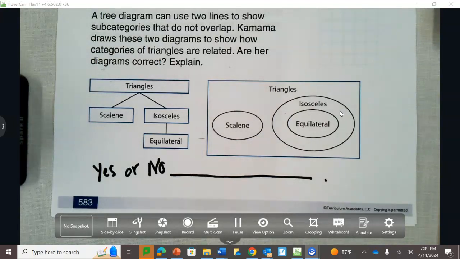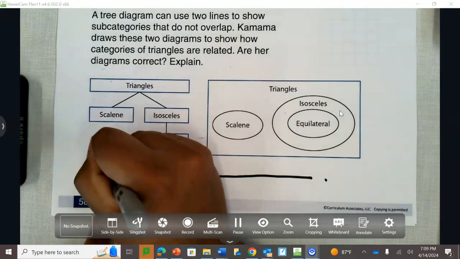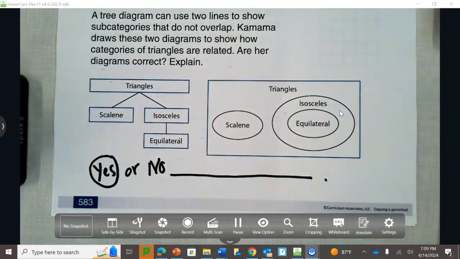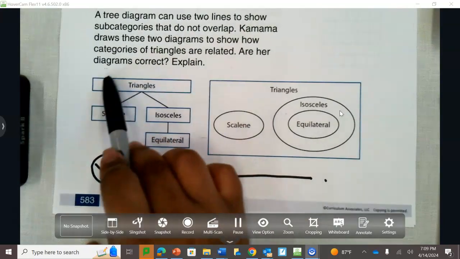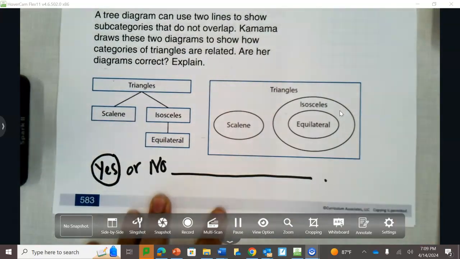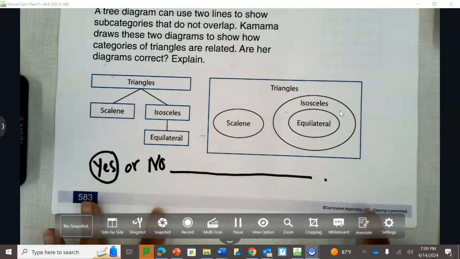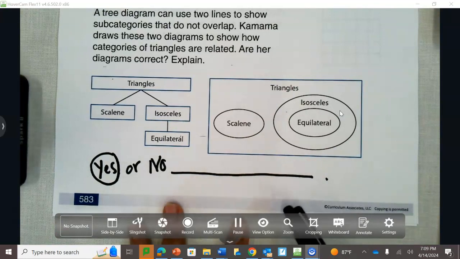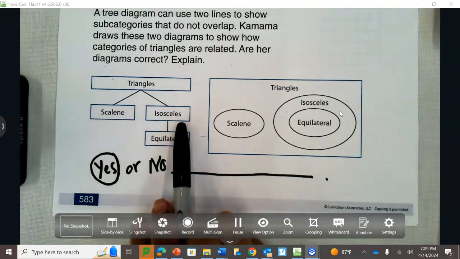All right, thank you for trying this problem by yourself. So the answer is yes, Kamama is correct in the way that she drew out these tree diagrams and her Venn diagram. So first of all, both of them show that the overall category is triangles. And then we're going to split our triangles into subcategories. So we have the scalene and the isosceles.